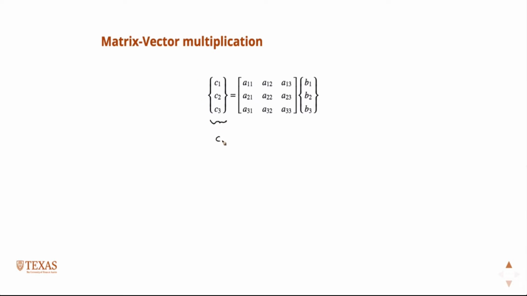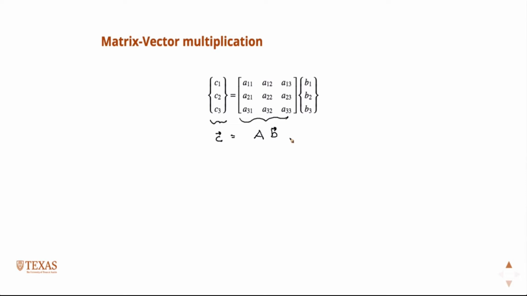So if I have a vector C, we normally write this in vector notation, vector C, a matrix A, and a vector B. I want to do a matrix vector dot product.